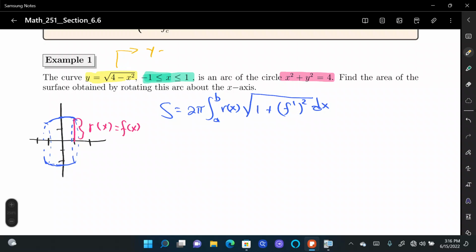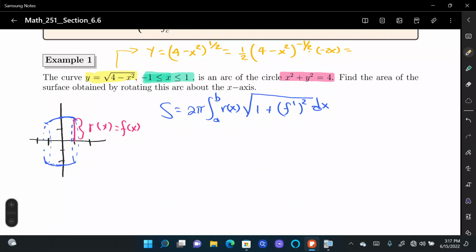So y equals 4 minus x squared to the 1/2. Using, in this case, the chain rule, we get 1/2 times 4 minus x squared to the negative 1/2 times the derivative, which is negative 2x.